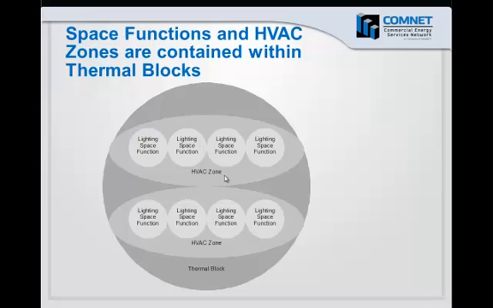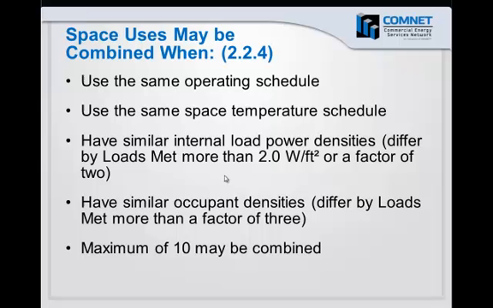So, for instance, you could have an HVAC zone that included some enclosed offices, say with high partitions, and some open offices. Those would be two different lighting functions, and they could be included in the same thermal zone. You could have multiple thermal zones in the same block. So COMNET has some guidance on how spaces and HVAC zones can be combined into thermal blocks.